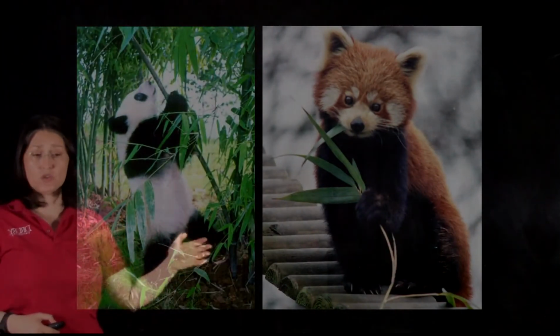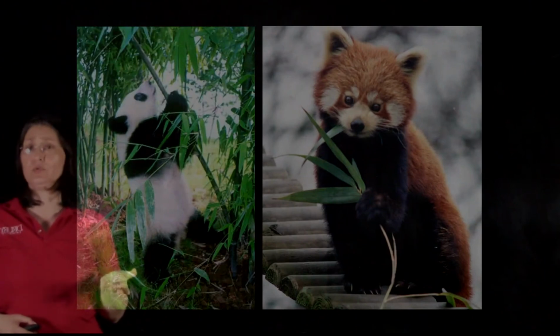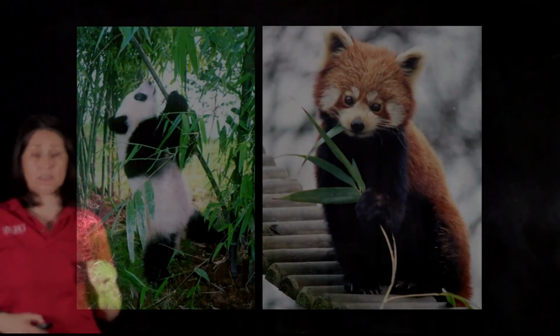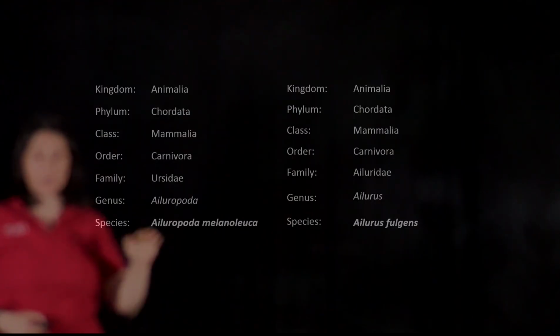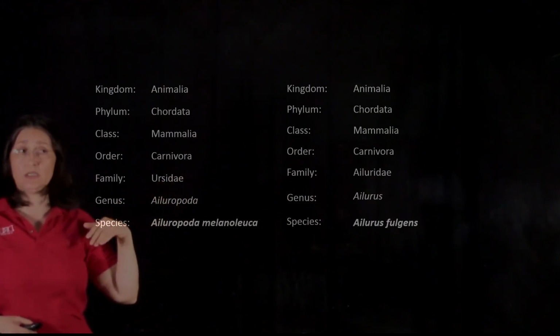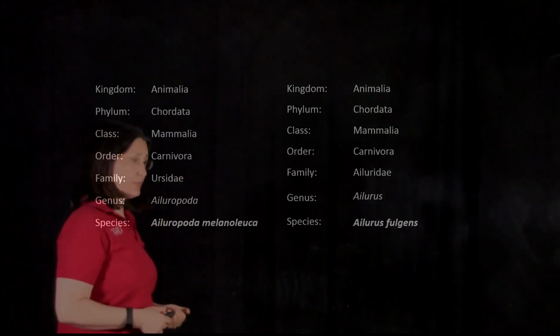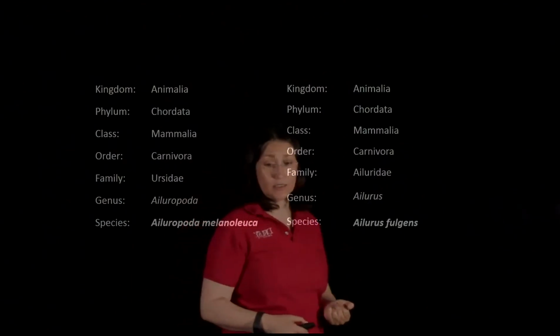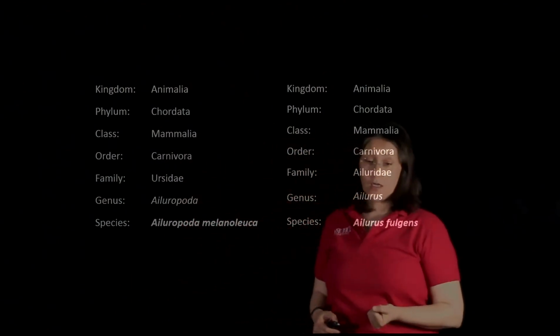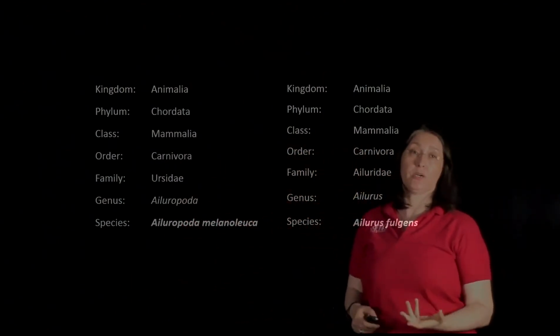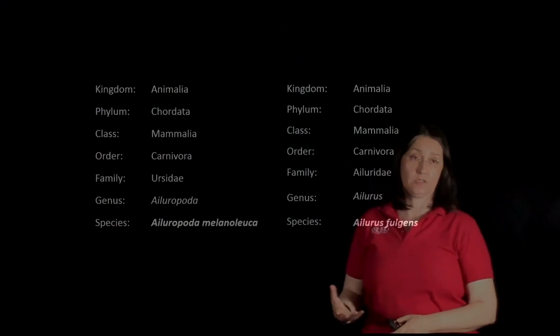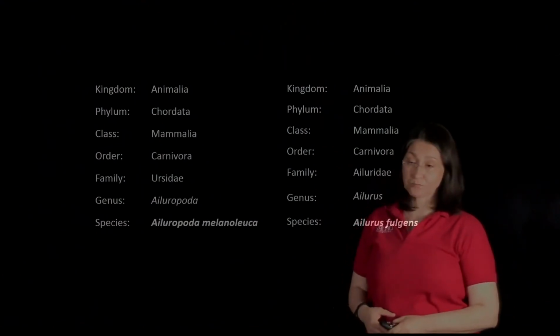You can see in this picture they're both eating bamboo, but it turns out that they're actually both carnivores, and they both can eat invertebrates or eggs or smaller animals, even though a large part of their diet includes several species of bamboo.